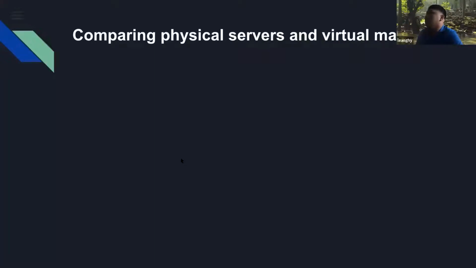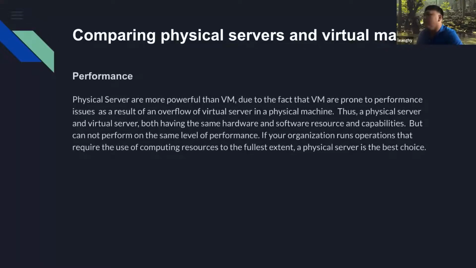So the next step, let me move to comparing the physical server and the virtual machine. Let's talk about performance. Physical servers are more powerful than VMs, because VMs are prone to performance issues as a result of an overflow of virtual servers on a physical server machine.